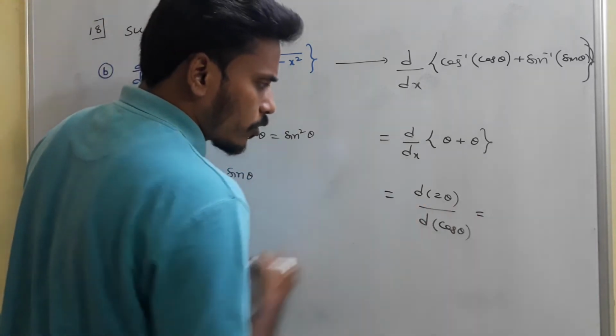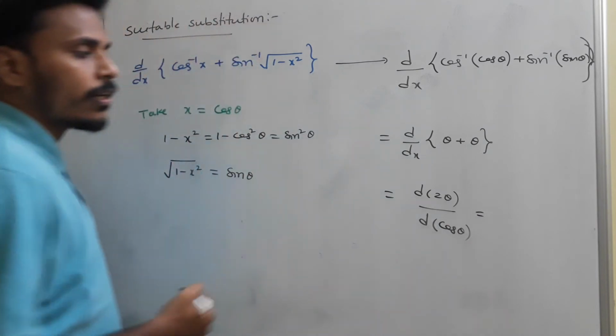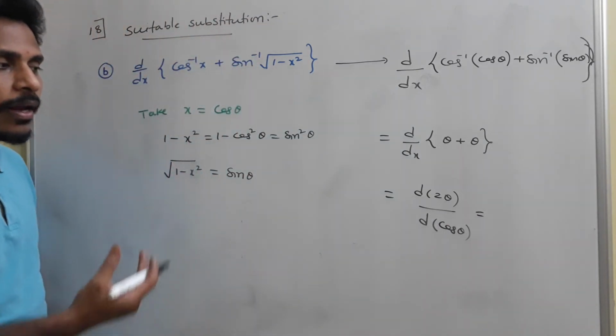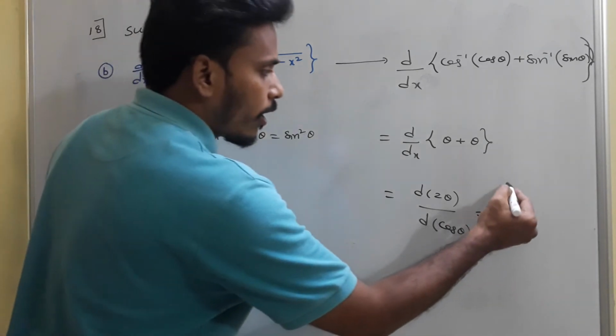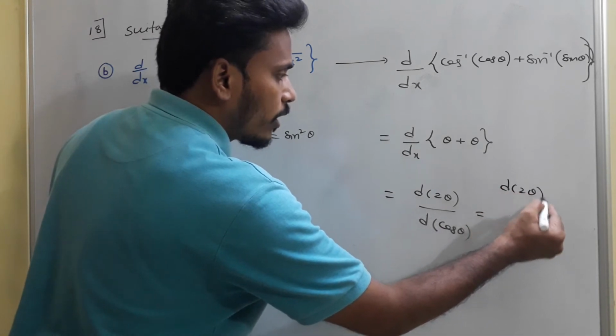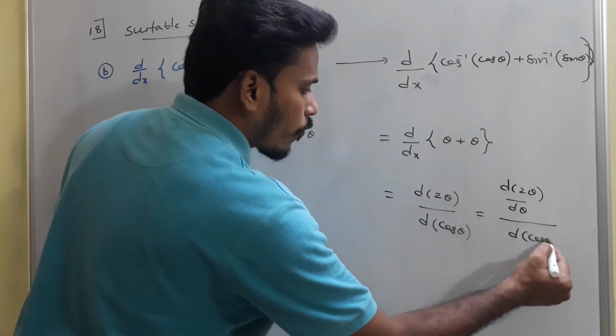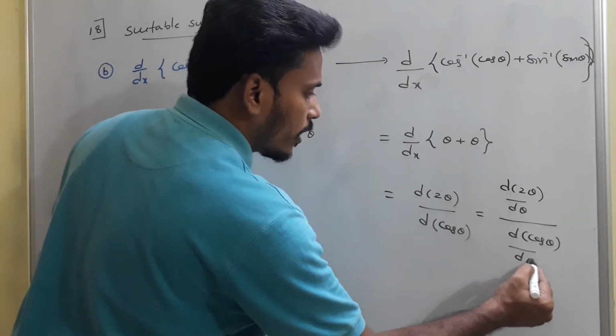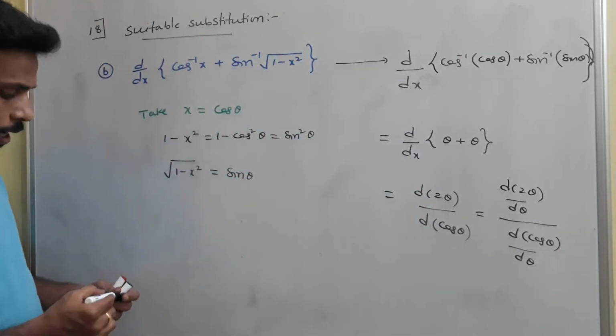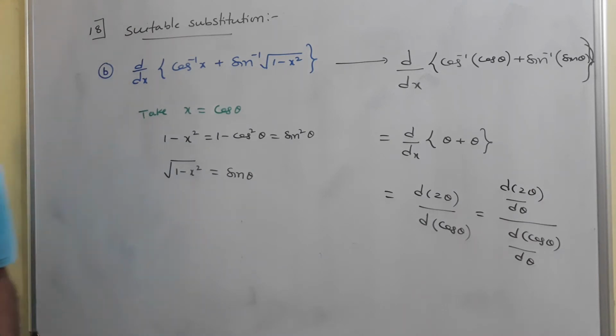Okay, this is equal to, what is derivative of 2 theta? So you just apply derivative with respect to theta. Okay, derivative of 2 theta with respect to theta divided by derivative of cos theta with respect to theta. And now let us solve the problem from here onwards.